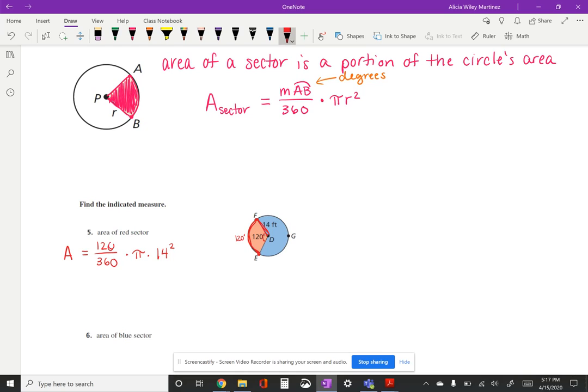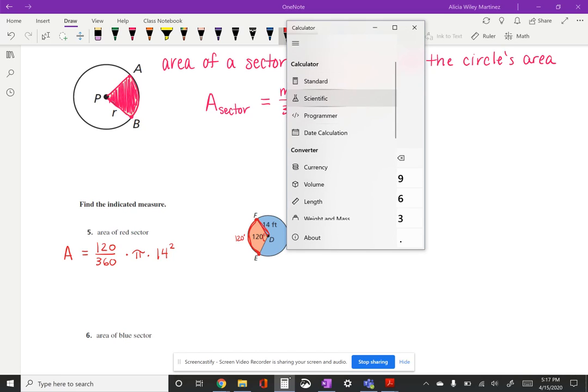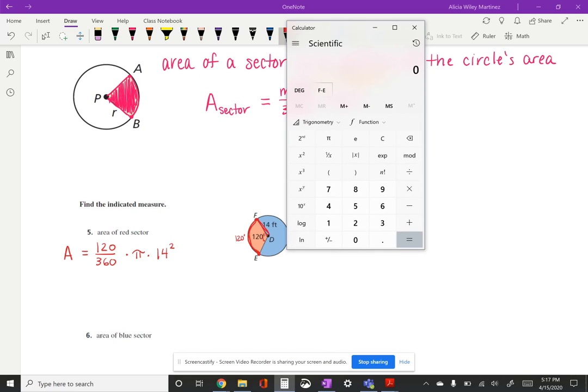If you want to simplify before you plug it in the calculator, you can, or you can just go ahead and put all this into the calculator all at once. So on the calculator here, I'm going to do 120 divided by 360.